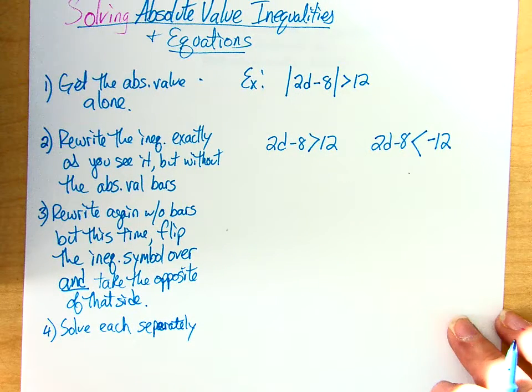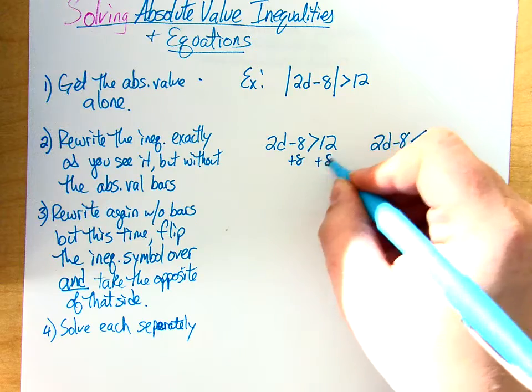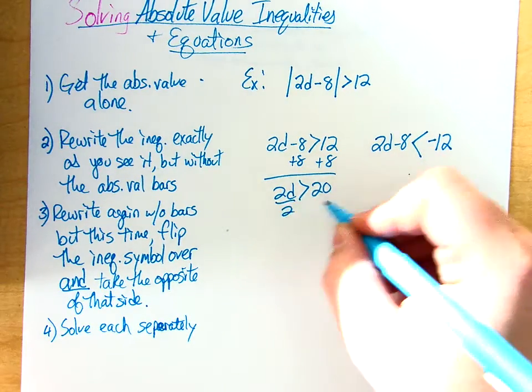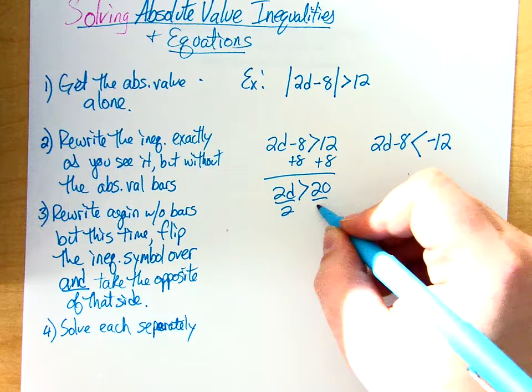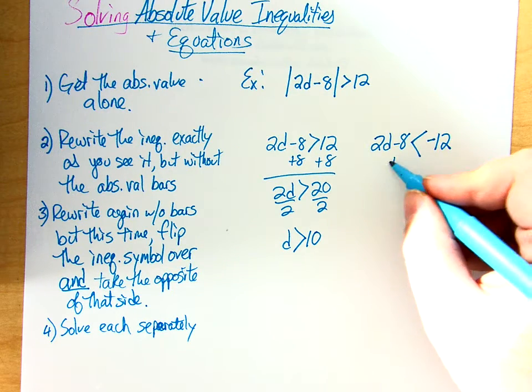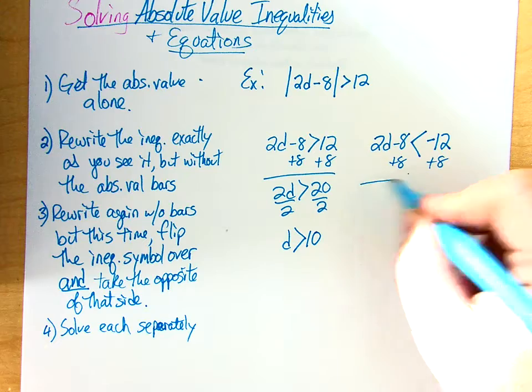Okay, just like we've been doing, so I'd add 8. Divide by 2. So on one side I got d is greater than 10. Just go ahead and solve the other side again, just like you normally do.